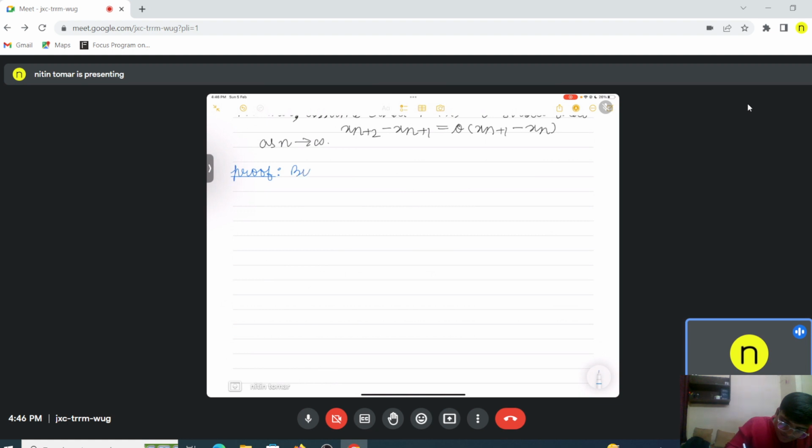See, by the definition of the sequence x_n, we have x_{n+2} minus x_{n+1} equal to f of x_{n+1} minus f of x_n.